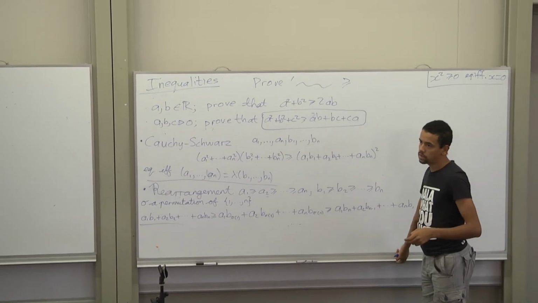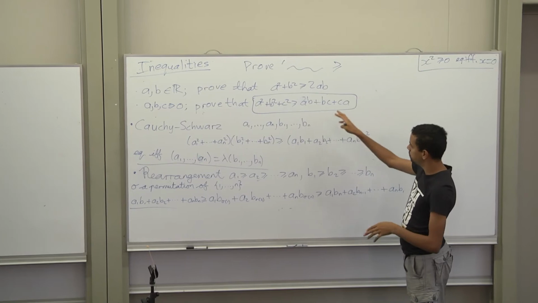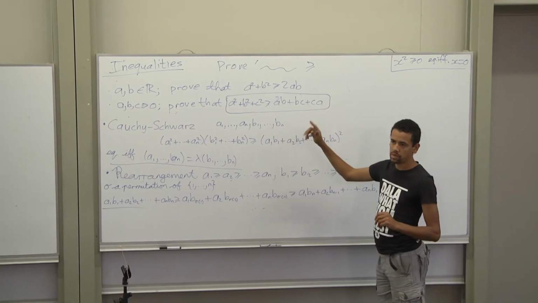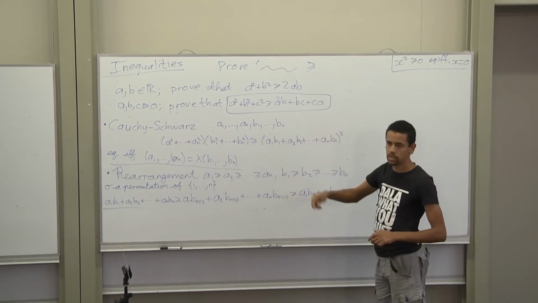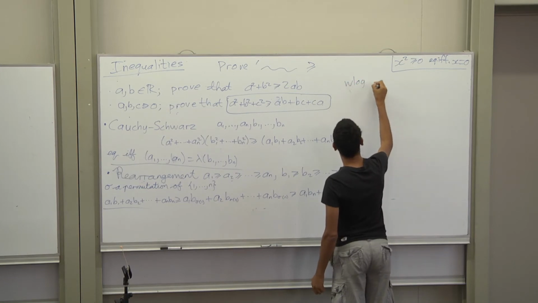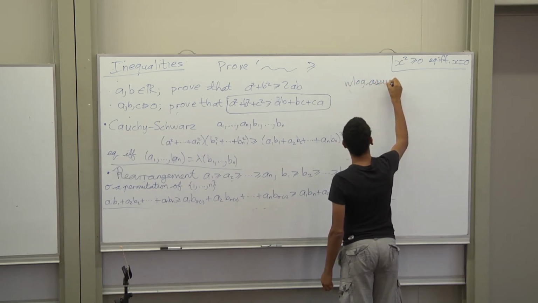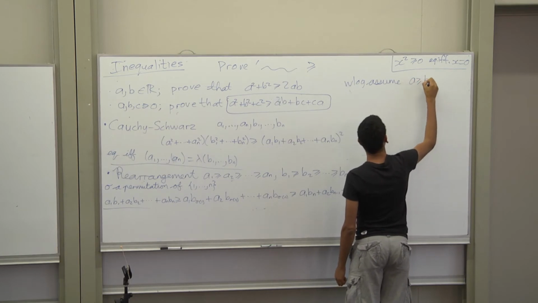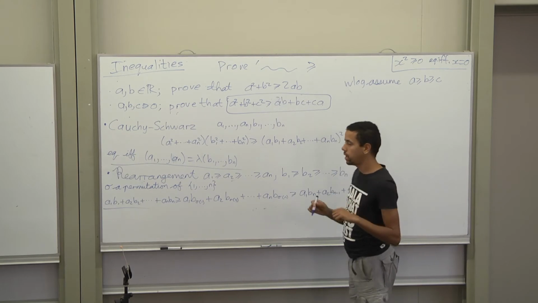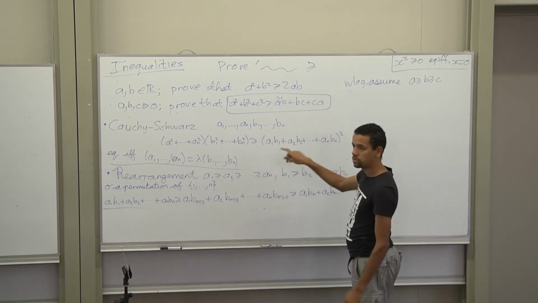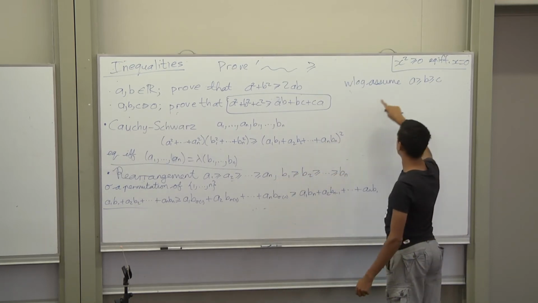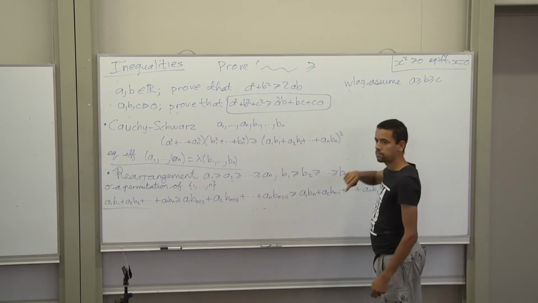As before, we are going to assume this is symmetric in A, B, and C. If we swap any two of A, B, and C around, both sides still stay the same. So we can, without loss of generality, assume that A is greater than or equal to B, greater than or equal to C. And then, as in the Cauchy-Schwarz case, our sequence A and our sequence B is both going to be the sequence ABC.